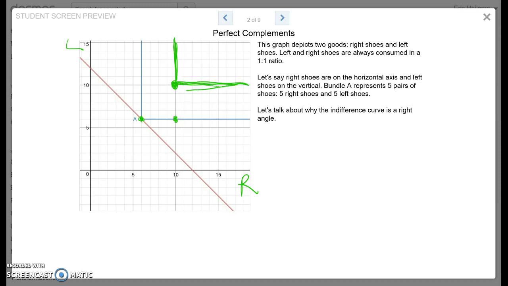The reason the indifference curves are right angles is that if you increase one type of shoe without increasing the other, you still end up on the same indifference curve. That's what these lines represent. If I went up from A, that would be like you're giving me more left shoes but no more right shoes, so you still haven't made a new pair. That's why the indifference curves are shaped this way.